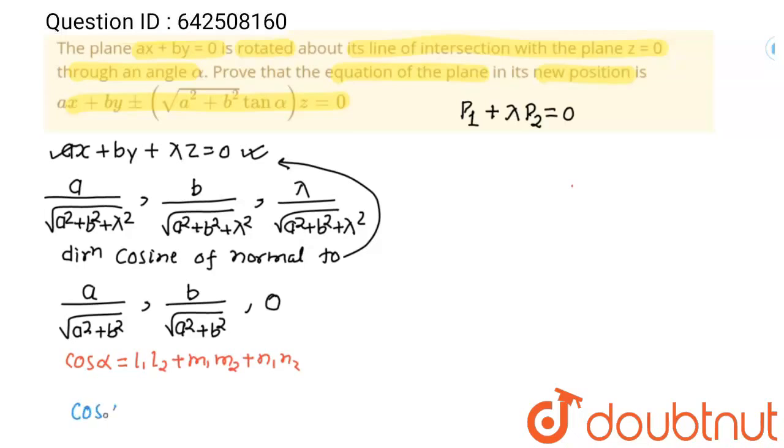Now we can write cos alpha equals L1, which is a upon root under a square plus b square plus lambda square, and L2, which is a upon root under a square plus b square.